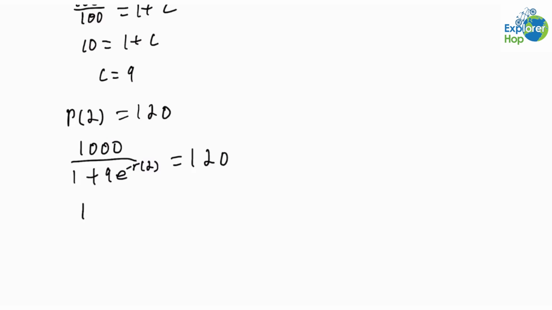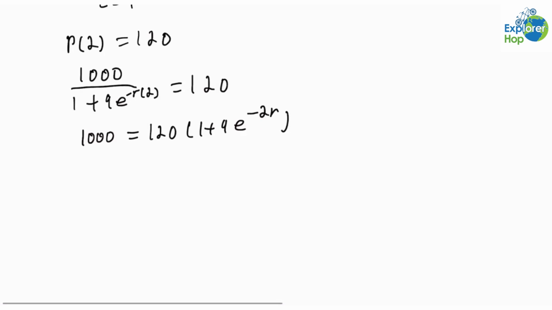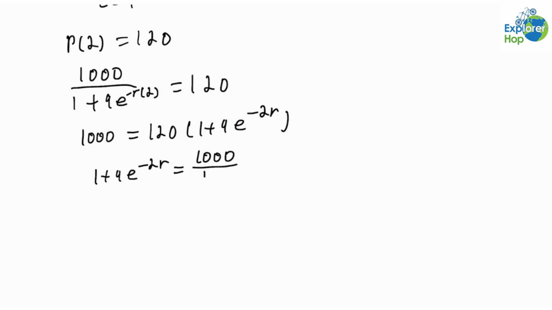So 1,000 equals 120 times 1 plus 9 times e to the negative 2r. So 1 plus 9 times e to the negative 2r is equal to 1,000 over 120, which is equal to 25 over 3.